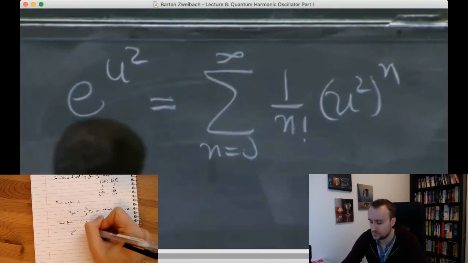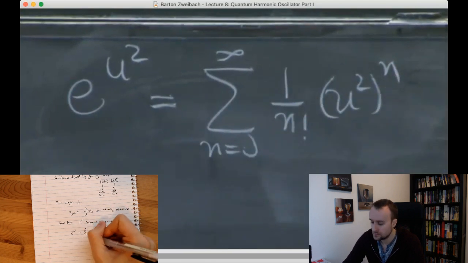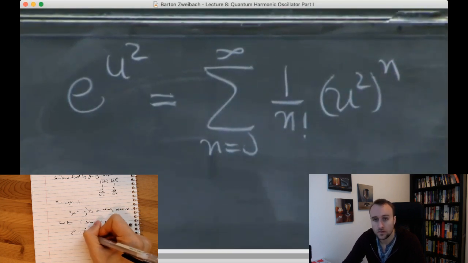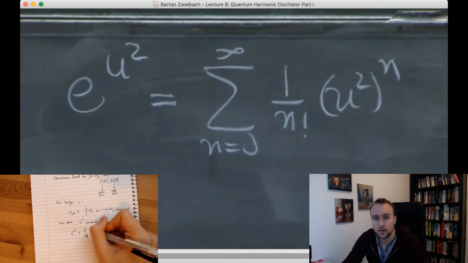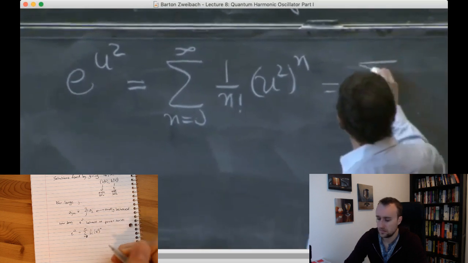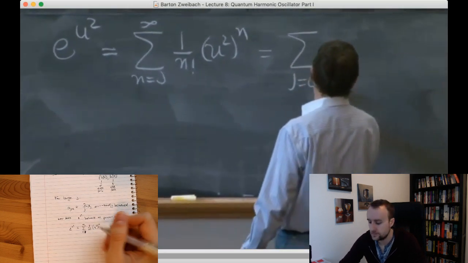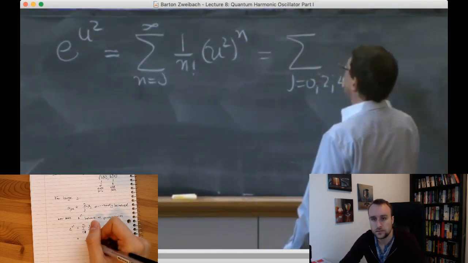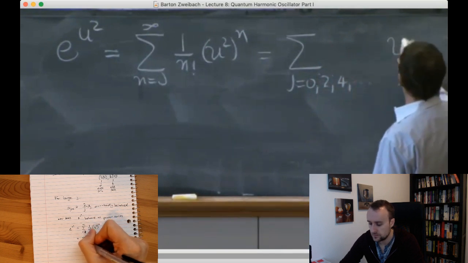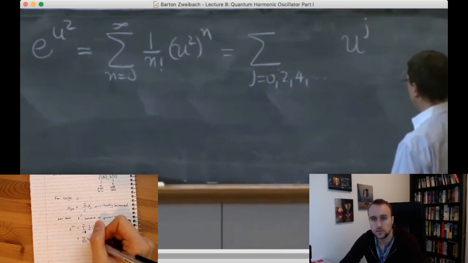Now, these u to the 2n are all even powers. So I'm going to change letters here, and I'm going to work with j from 0 to infinity over the even numbers. So I will write u to the j here.